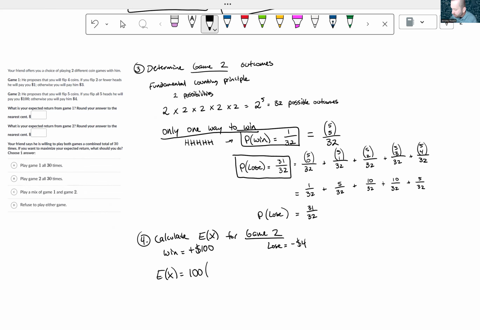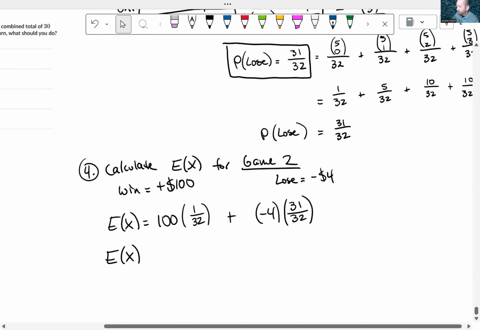We have a 1 over 32 probability of winning $100, plus we actually lose, so let's say plus -$4, and we have a probability of 31 over 32 of losing that $4. Okay, now we're going to add these together and find our expected value for game number two.